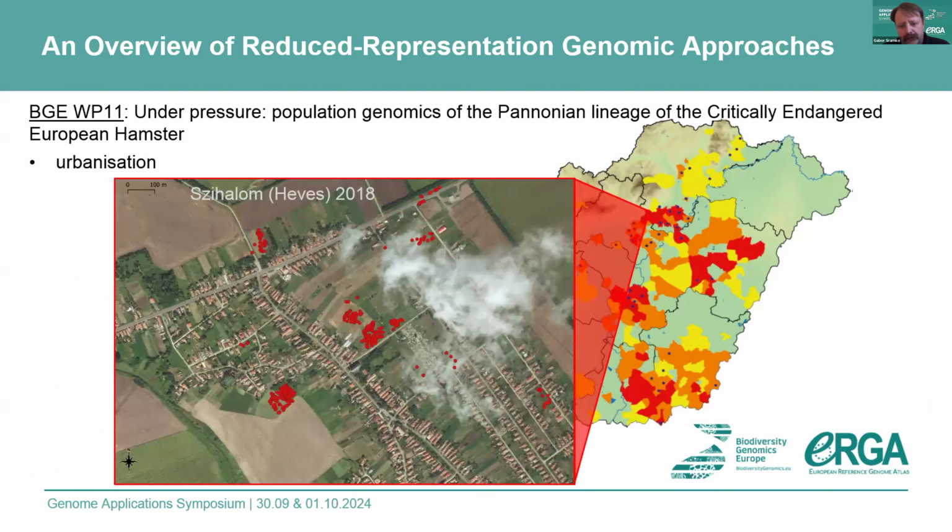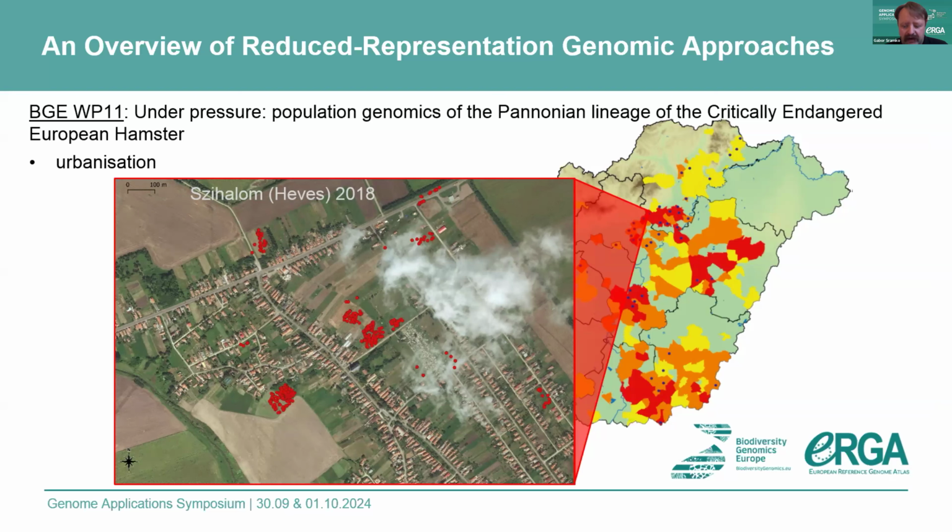And what is something interesting, what is going on all across this large distribution area, is the urbanization of the species. Sometimes the species invades villages, sometimes park areas in cities, and the population simply starts to live there and disappears from the neighboring agricultural land where it used to live before.